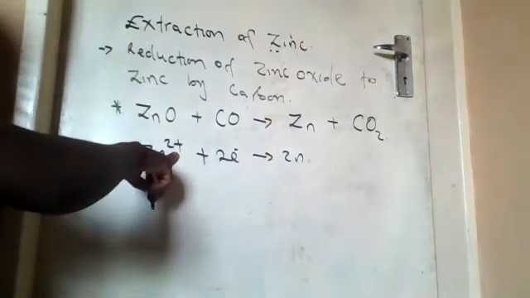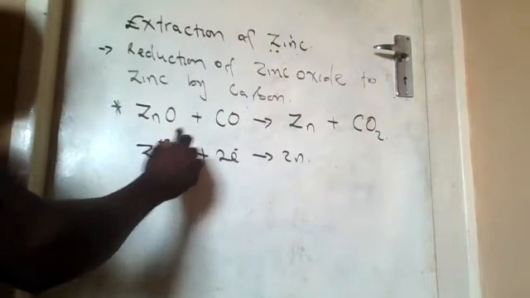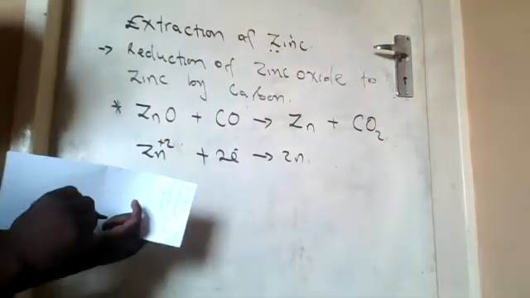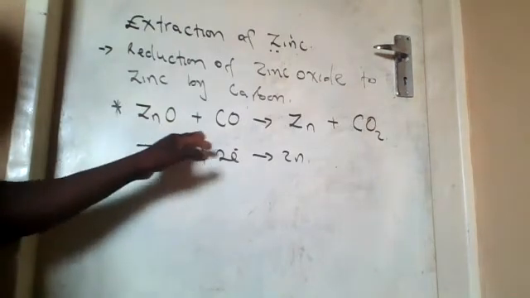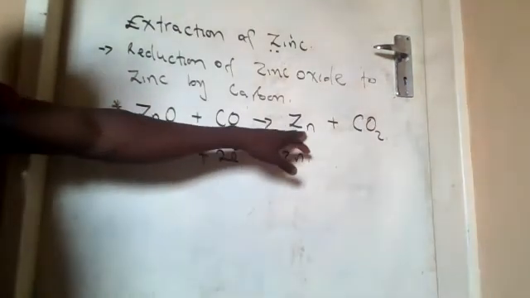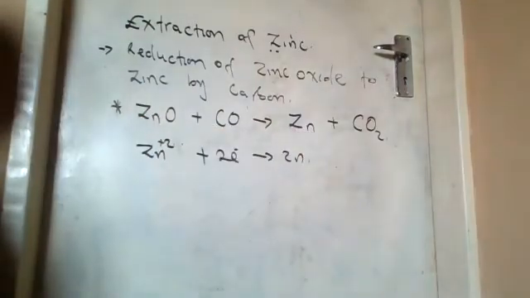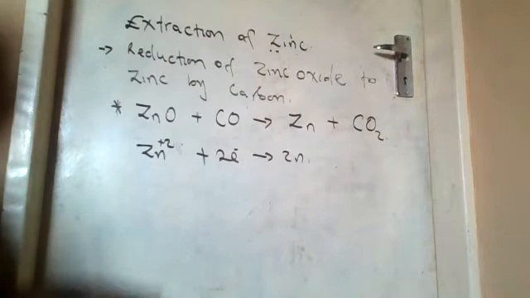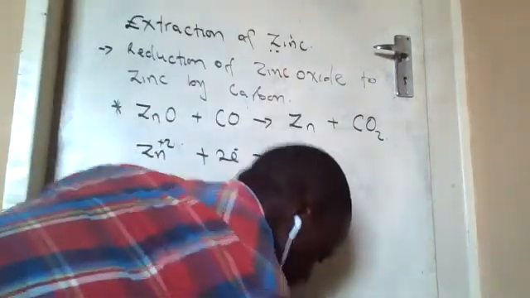So the reduction in the oxidation state from plus 2 to 0, that in itself is also called reduction. So this is a reduction process, because the nature of the equation that leads to the production of the final pure element of zinc is a reduction process. So that is how this process is done.